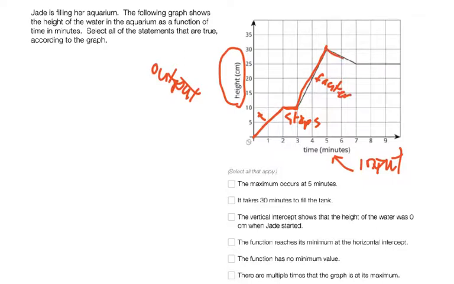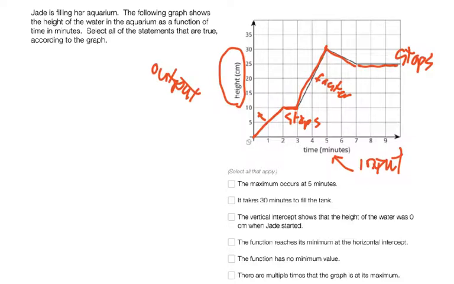Okay, then it goes down. I'm going to have to pay attention to that. Did she do something there? All right, and then this is where it levels off. Remember, something stops.